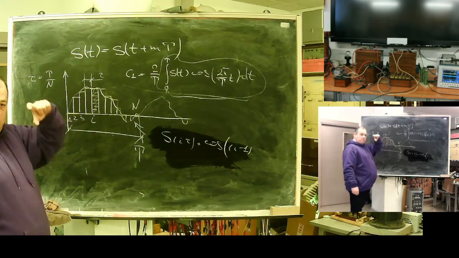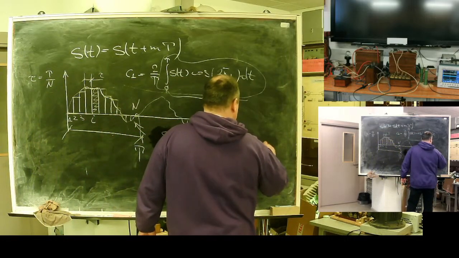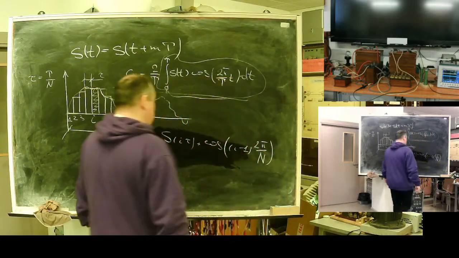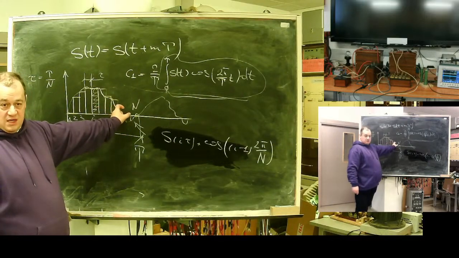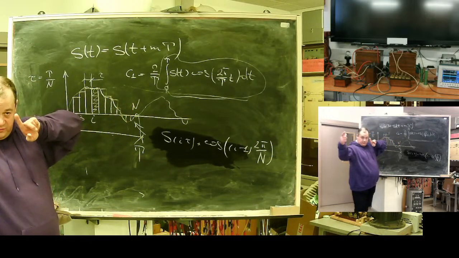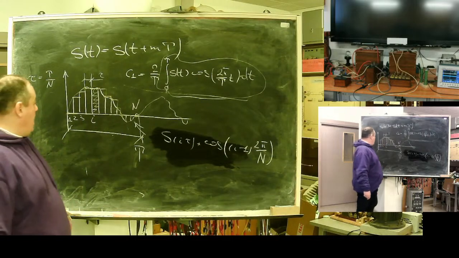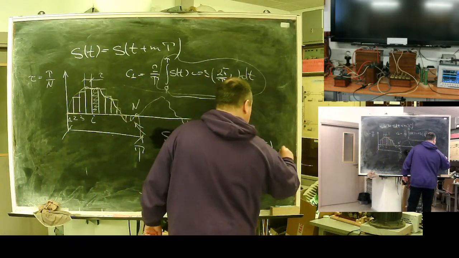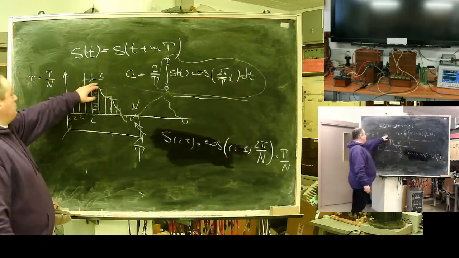That's why it will be i minus 1 times 2π divided by the number of measurements. I have totally n such rectangles. For one rectangle, the angle will be 2π, a full circle, divided by the number of such rectangles. And multiplied by the width of such a rectangle, by tau.